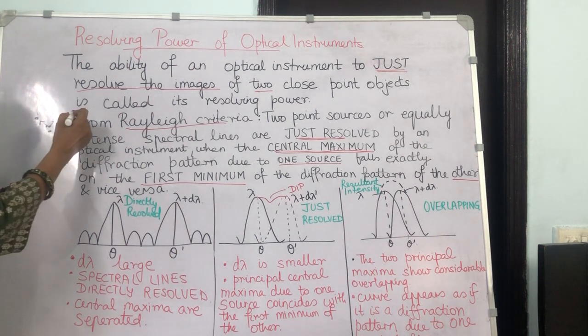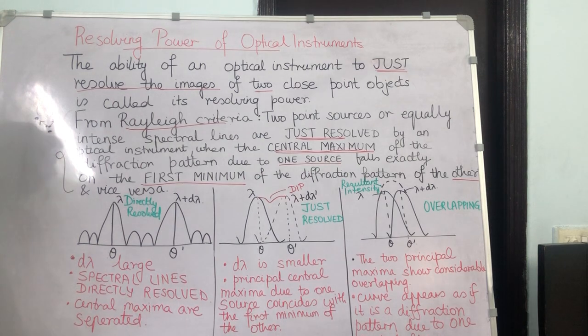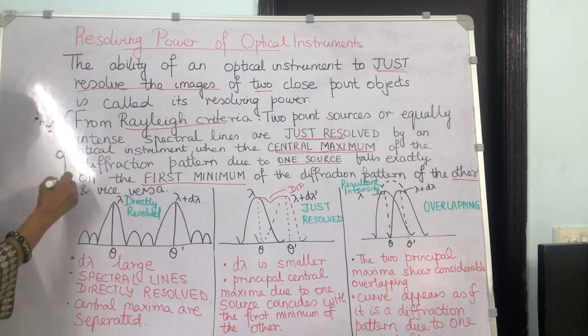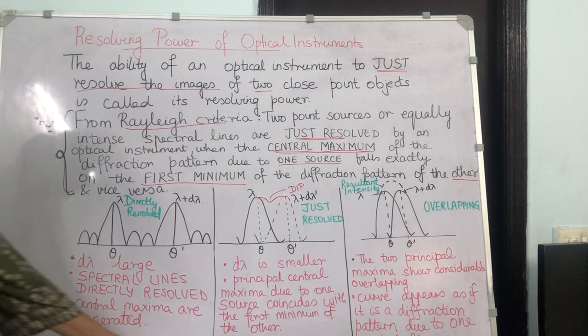If this condition is satisfied, the two images are clearly resolved. This is Rayleigh criteria of resolution.